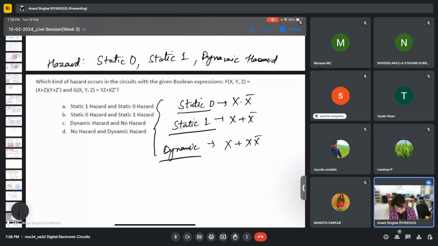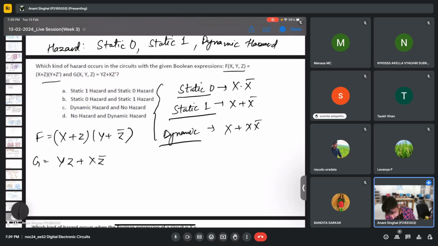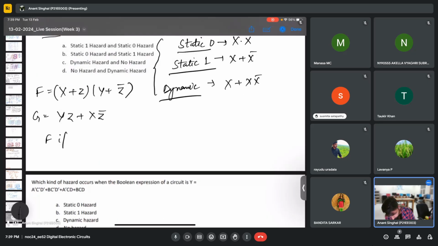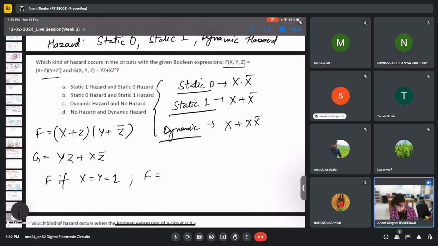So I'll give you some examples here. In this given question, f is given by x plus z, times y plus z complement, and g is also given, which is yz plus xz complement. For the first part, that is f, if I take x equals y equals 1, can anyone tell what f will be with this condition?